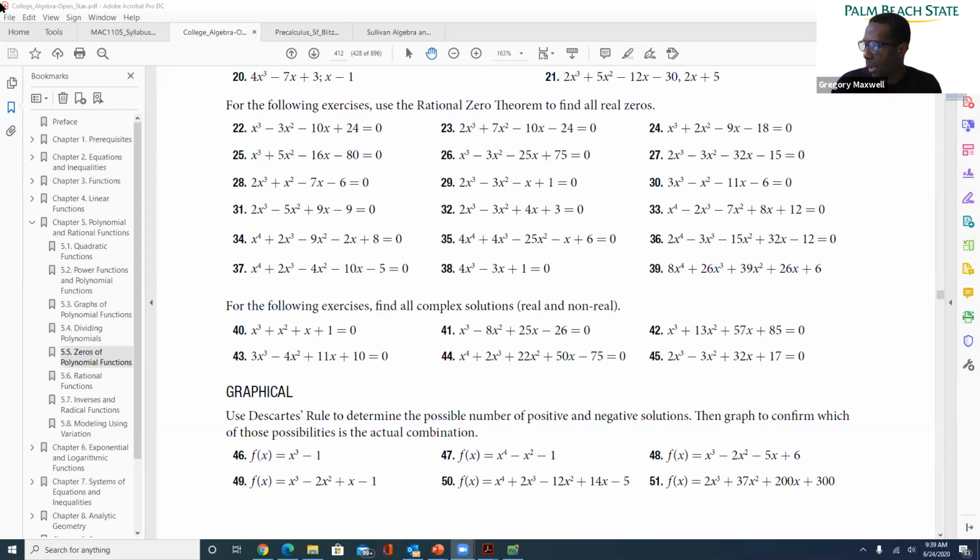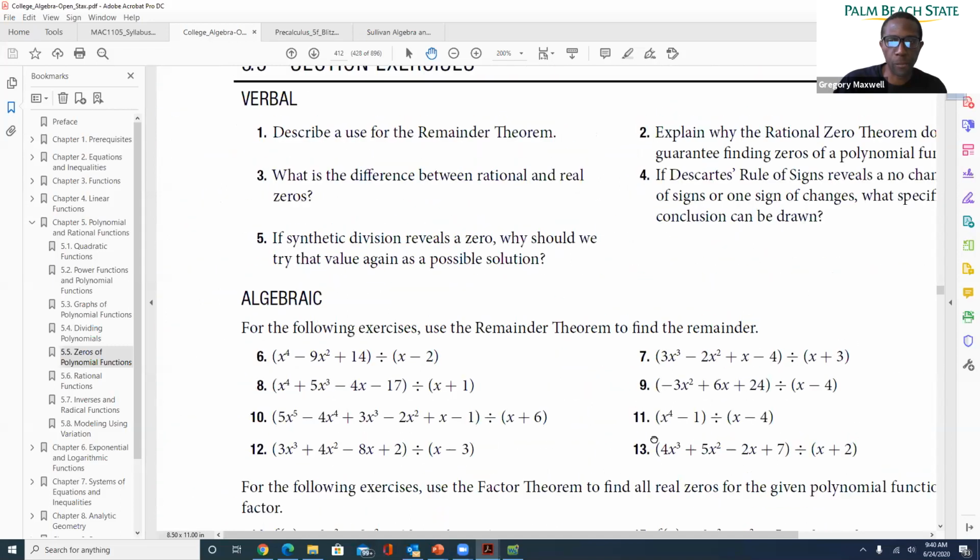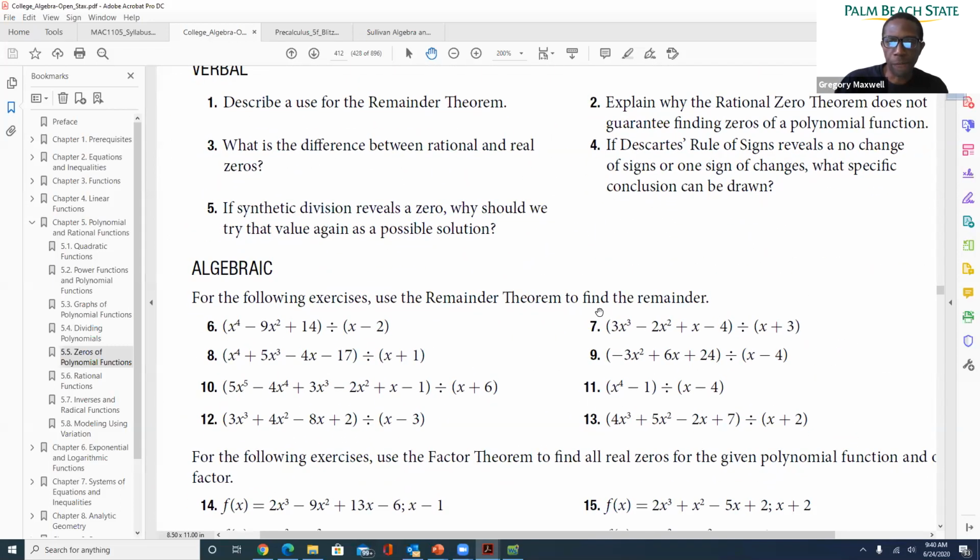Because of time, I probably won't be able to do many examples, but let's start out with a few. For the first set, it's pretty straightforward. If you want to find the remainder, if you're trying to find linear factors, you just plug in the number. From numbers 6 to 13, choose two of those questions and I'll do them.